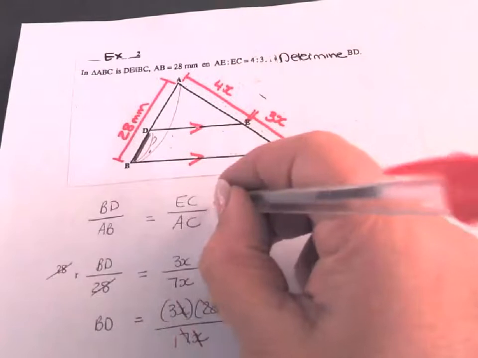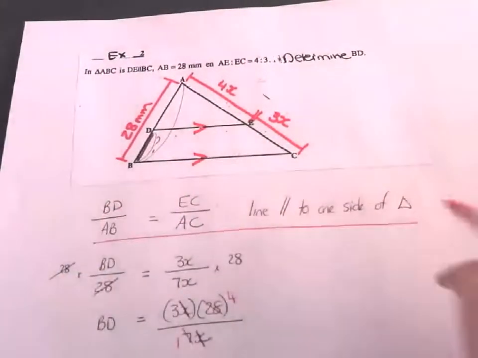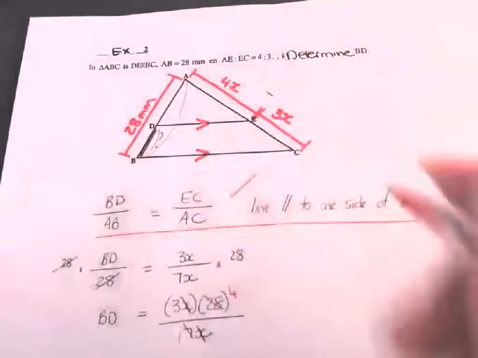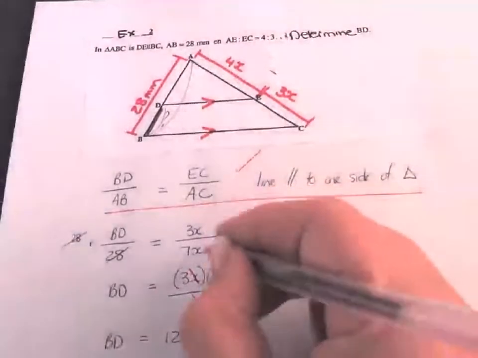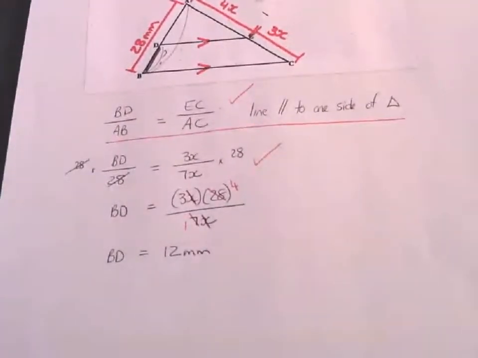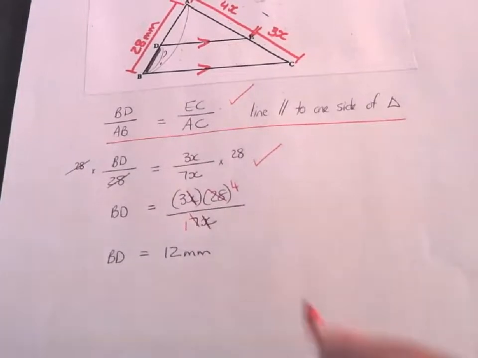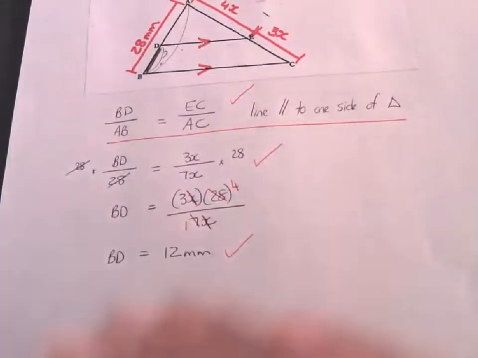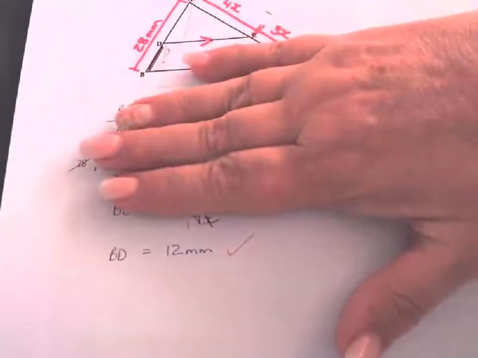For using theorem 1 with its reason, you'll get 1 mark. Okay? Then for substituting everything in, you get 1 mark. So you have to use the x. And then for your answer, you'll get 1 mark. So if you only write your answer, you lose those marks. You only get 1 mark.